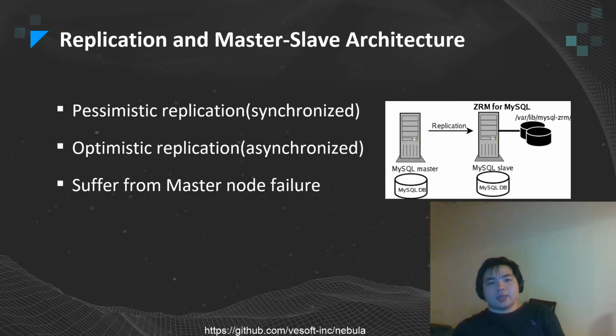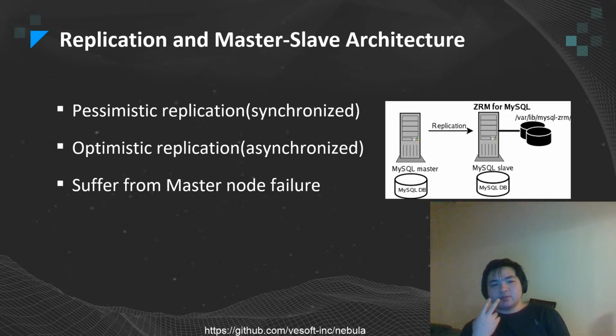In such a way, they can optimize the latency, but they cannot guarantee that every piece of data is up to date. So if you read from a follower, you may read outdated data. Neither of them can satisfy the requirements for our database.